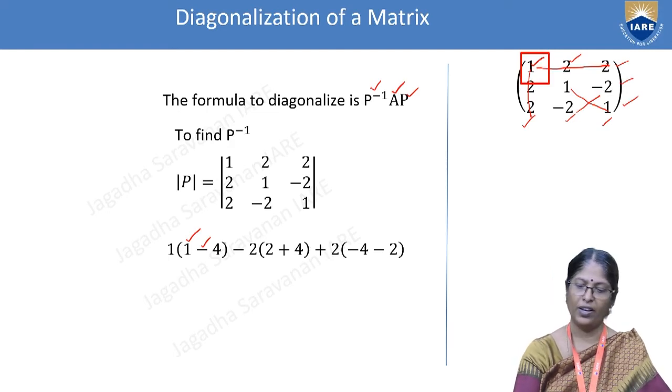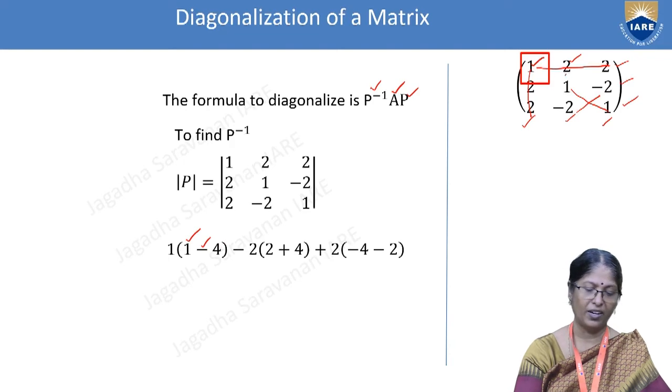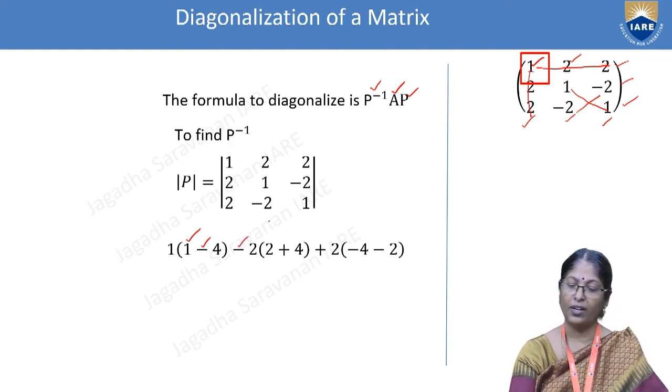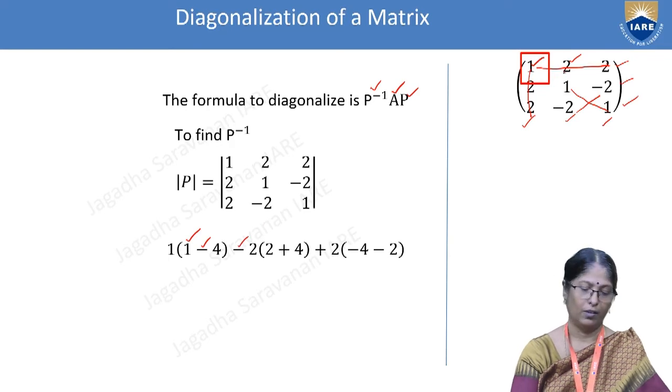Fine. Next is 2. But here it is written minus 2. The reason is here the position sign is minus. The value is copied.